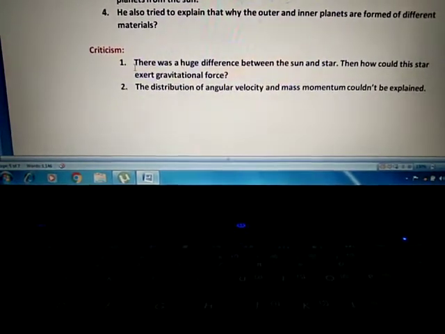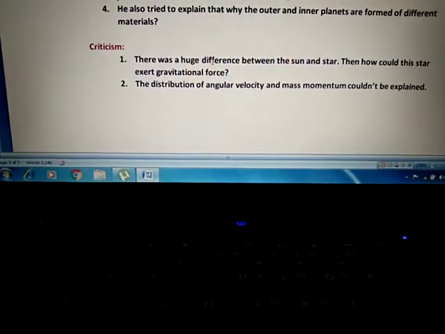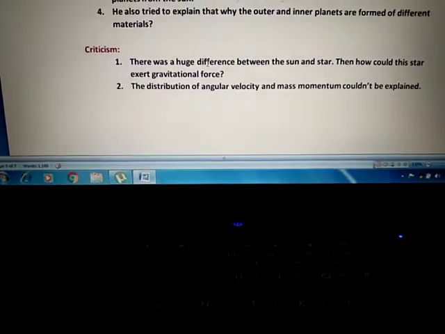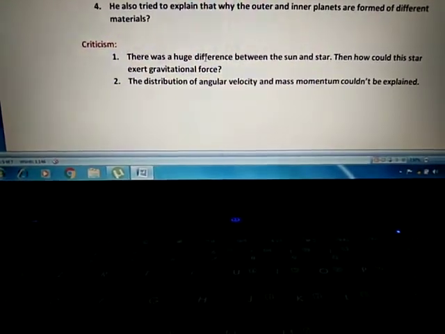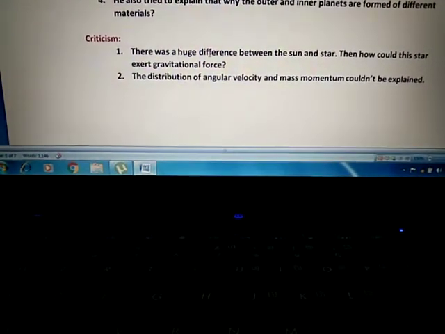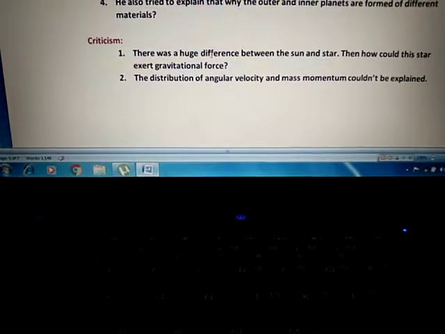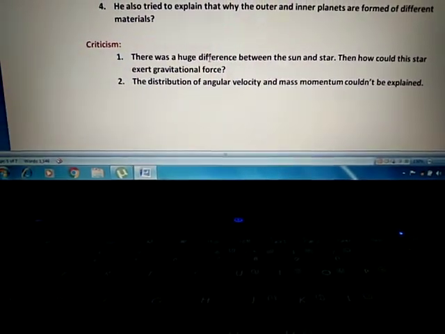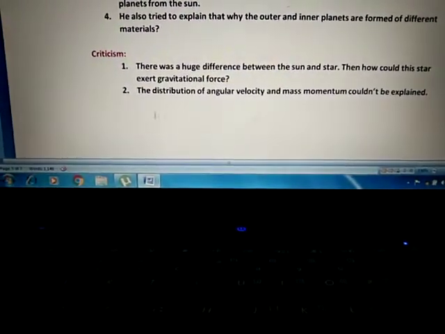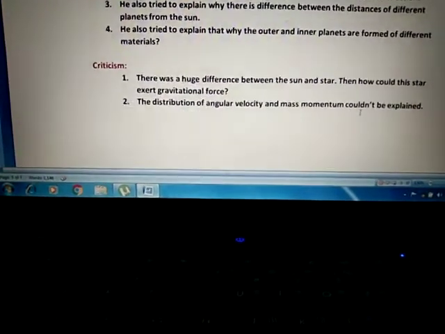The basic criticism was that the difference between the sun and the star is so large, then how could a star impose its gravitational force on the sun? That means the difference between the sun and the star was so large that the star's gravitational force could not act on the sun. So when the star's gravitational force cannot act on the sun, then how could it detach the material from the sun? Second, they did not explain the distribution of angular velocity and momentum.